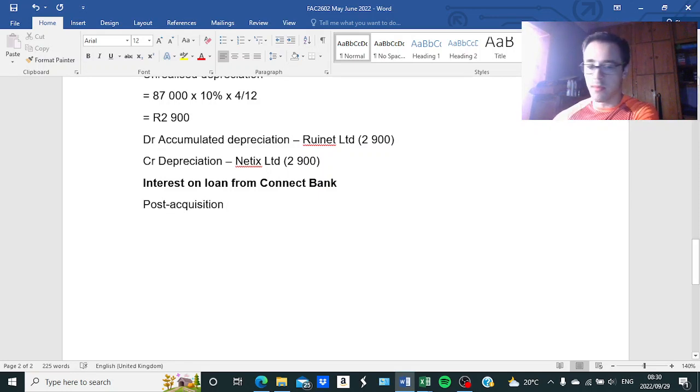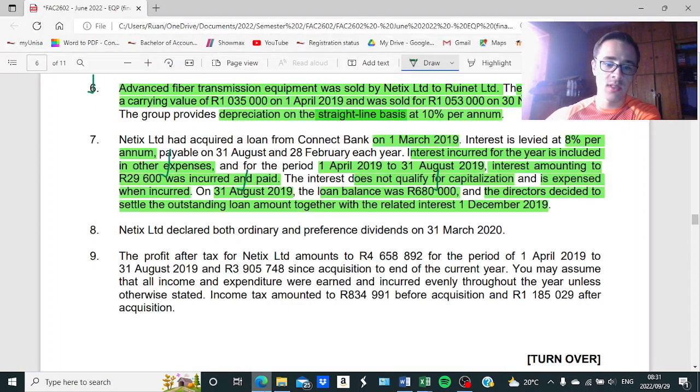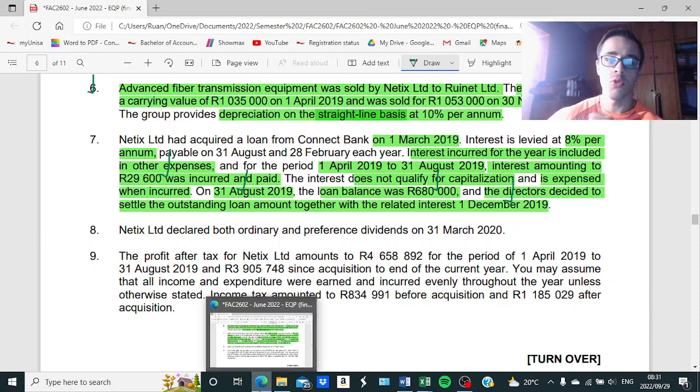So the post-acquisition amount will be taking the balance of the loan on the 31st of August 2019, which was 680,000, and the interest rate was 8%, and the number of months between the 31st of August 2019 and the 1st of December 2019, the date on which the loan was settled in full, together with the related interest, will be 3 months.